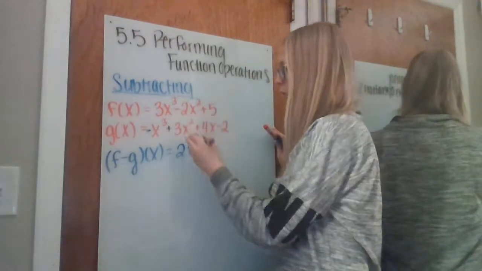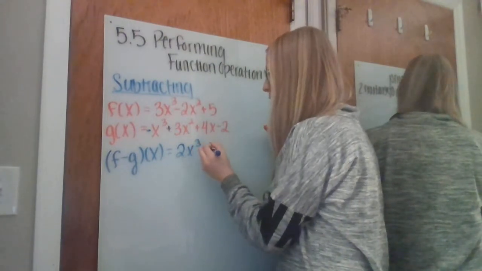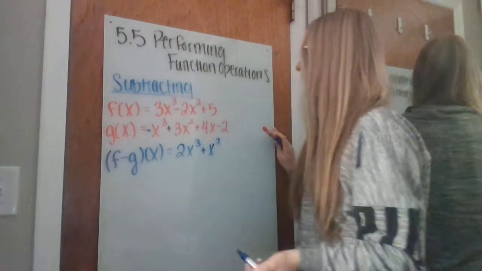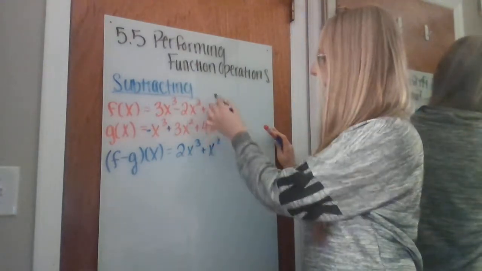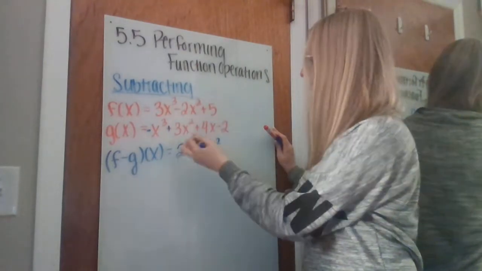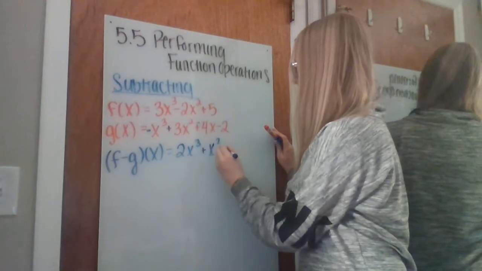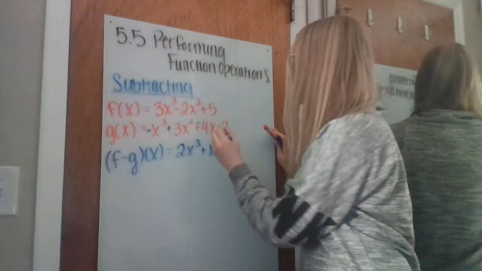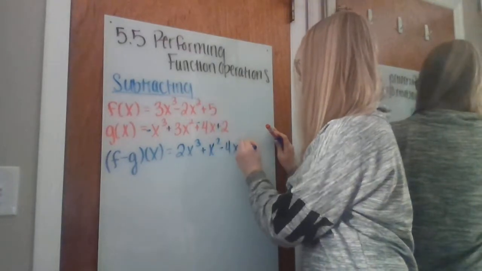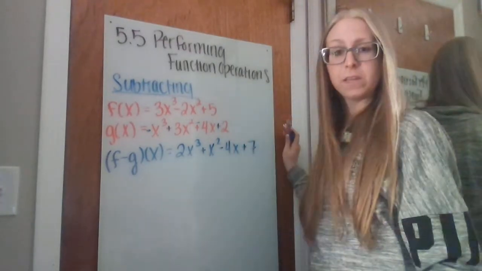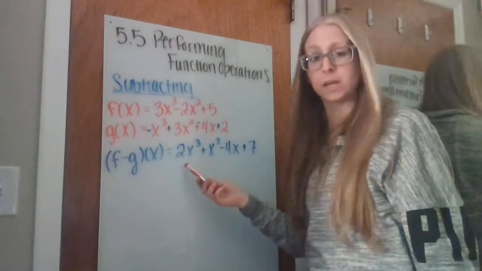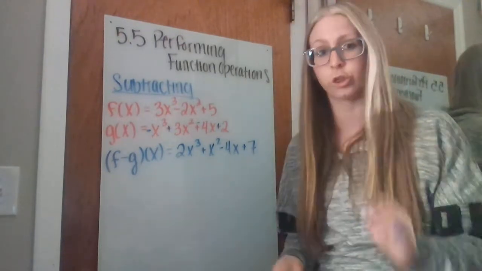So negative 2 plus 3 is plus 1. You can write the 1 if you want, x squared. There is no other x term, so 0 minus 4x, negative 4x. 5 minus a negative becomes plus. 5 plus 2 is 7. So that is my new function, and it's cubic because the highest degree is to the third power.